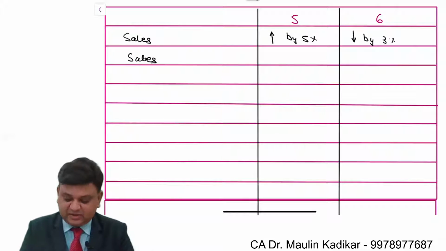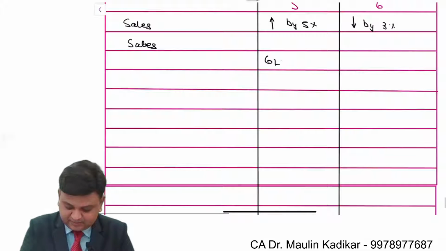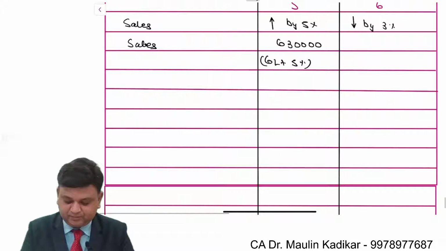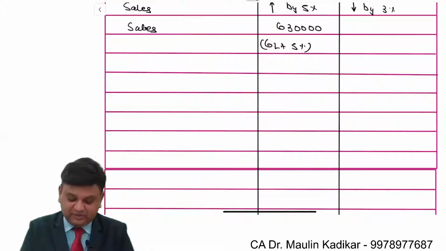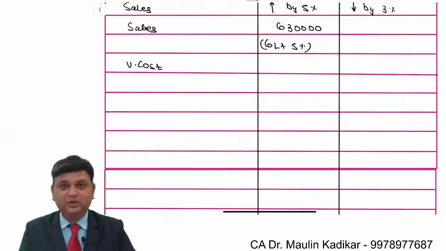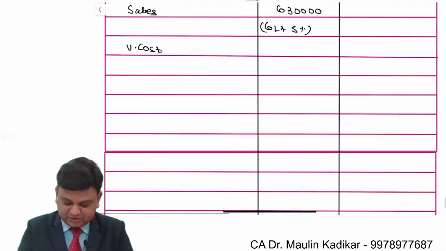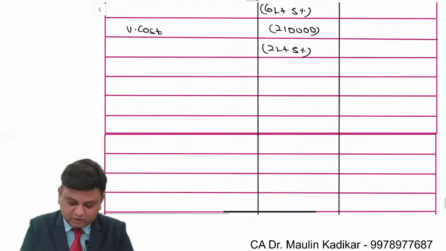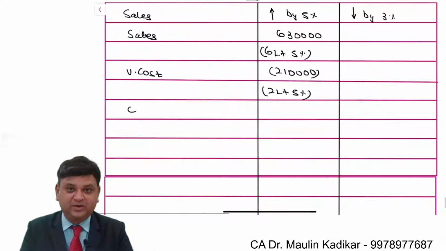Right now the sales of the company is 6 lakhs plus 5%, that comes to 6,30,000. With the change in the revenue, even the variable cost will change. So it is 2 lakhs plus 5%, that is 2,10,000. Then contribution is 4,20,000.